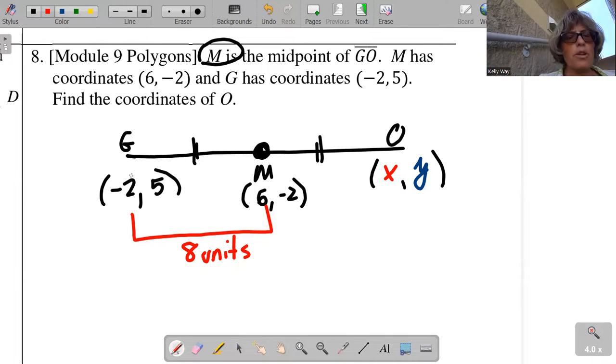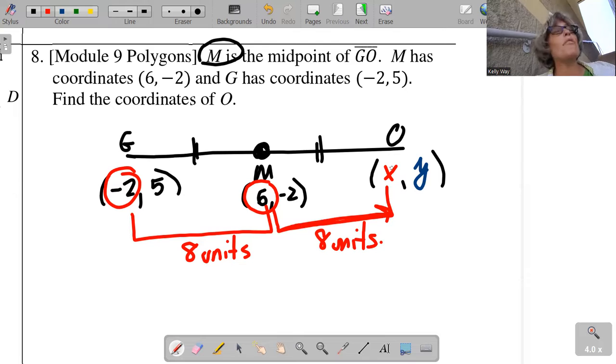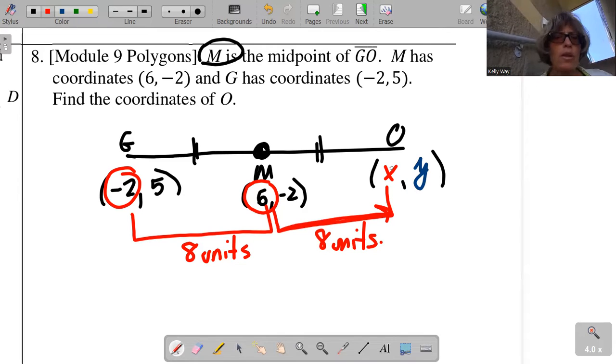Notice we're going up the number line from negative to positive. So this also has to be 8 units because 6 is the exact middle. So starting at 6, you ask yourself, going up, what is the value of X on the number line? 8 units away from this.